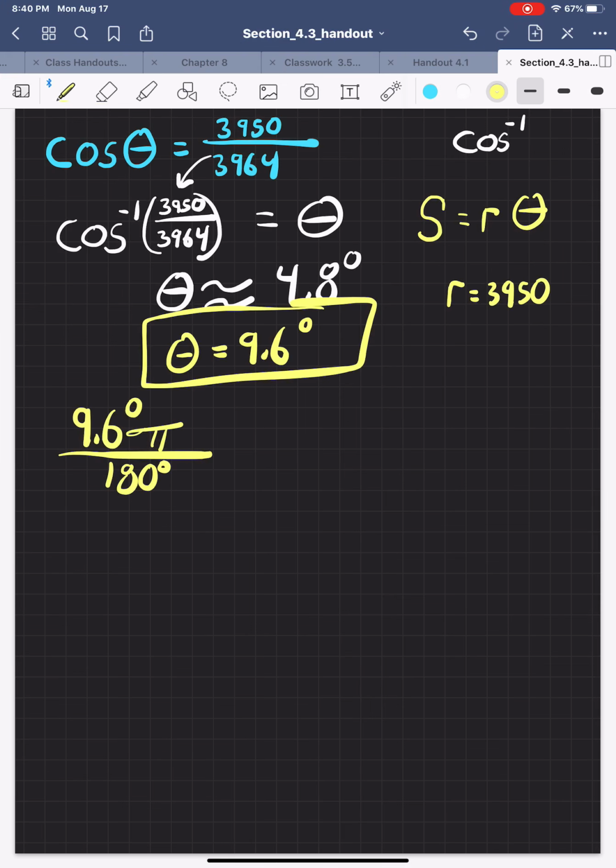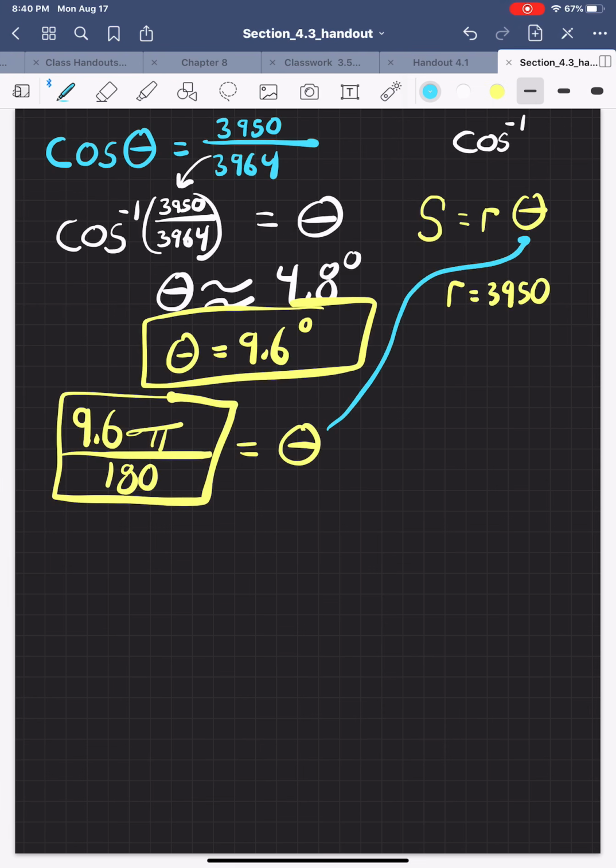So the degree symbols are going to cancel out. So let me get rid of those. Now, I don't have a calculator in front of me, so I don't know what 9.6 times pi divided by 180 is. But I know that that is the theta that goes in here.